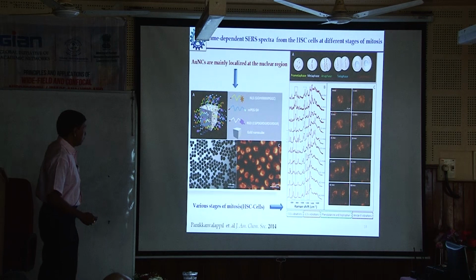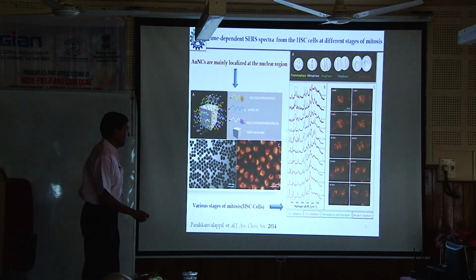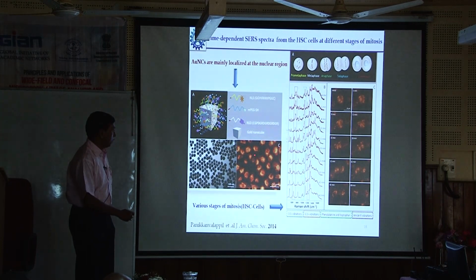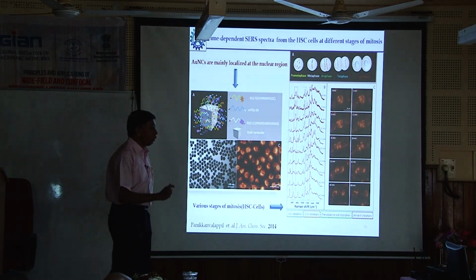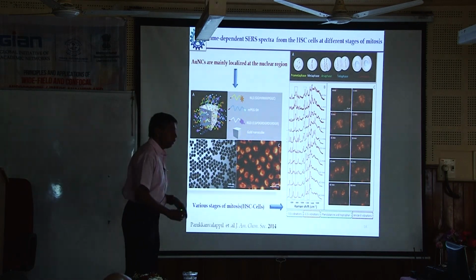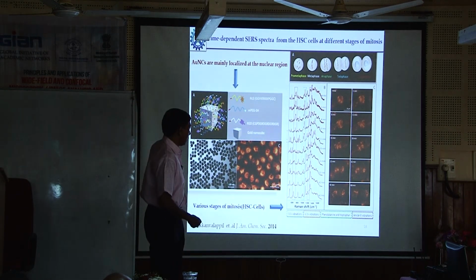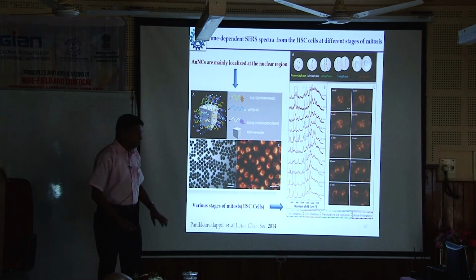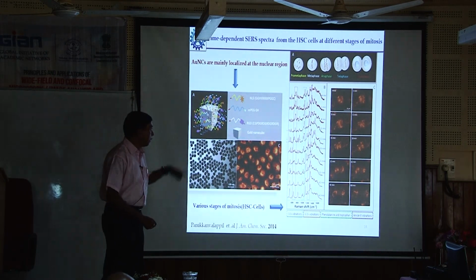So, this is the substrate, this is the TEM image, and this is the dark field image of that substrate. Especially when you go to cell division, starting from prophase, metaphase, telophase, anaphase, what happens in real time, they translate in the Raman scattering. There are three or four changes which are very significant during that cell division.